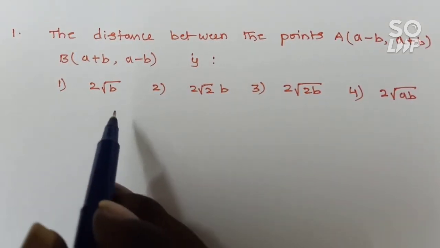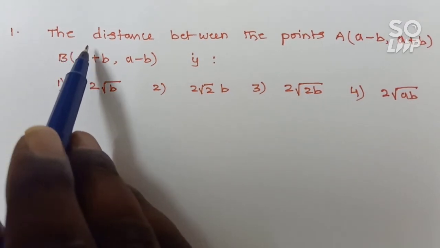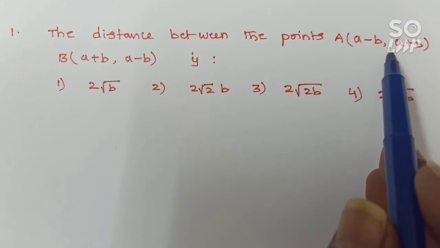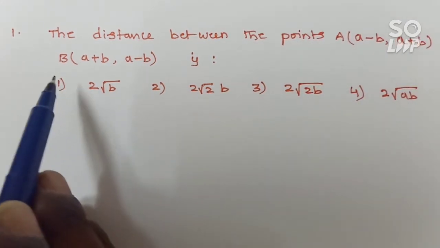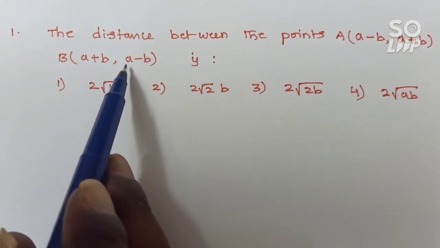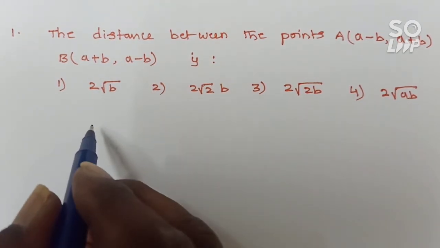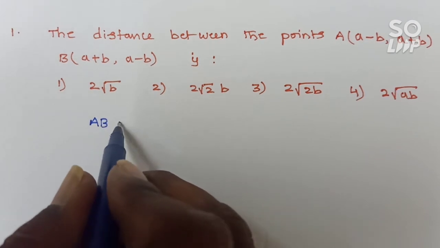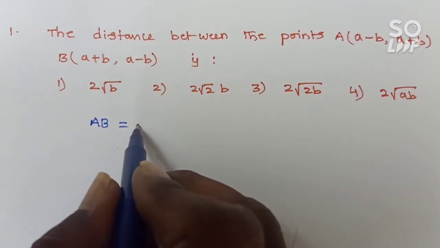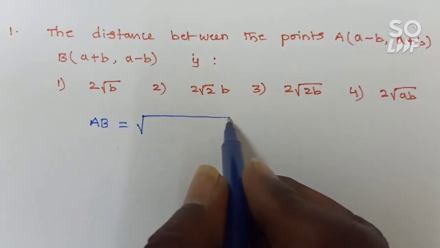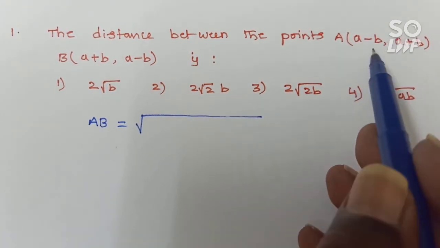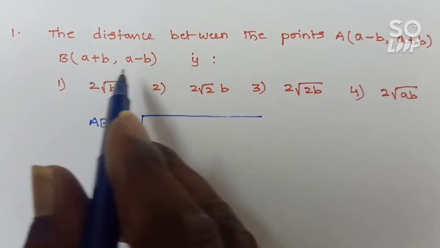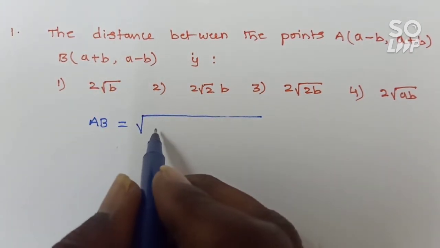See, in this problem, the distance between the points A is equal to (a minus b, a plus b) and B is equal to (a plus b, a minus b). Therefore, how can we find this value? AB is equal to the square root of (x1 minus x2) whole square, or (x2 minus x1) whole square. Anything you can write.